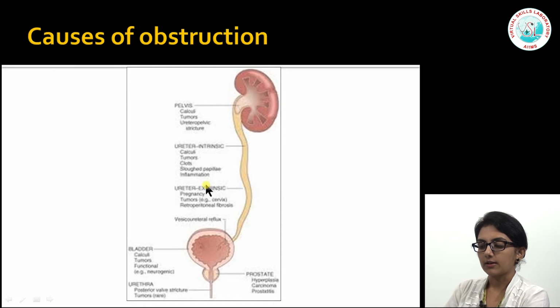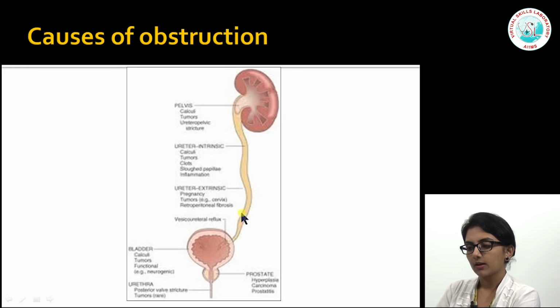If we look at the ureter, it can have intrinsic as well as extrinsic causes. Extrinsic causes could be, for example, the physiological state of pregnancy, where you have an enlarged uterus pressing on the ureter, tumors, particularly cervical cancers, or retroperitoneal fibrosis, which can entrap both the ureters and result in obstruction.